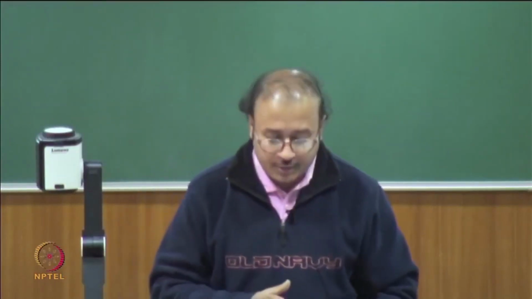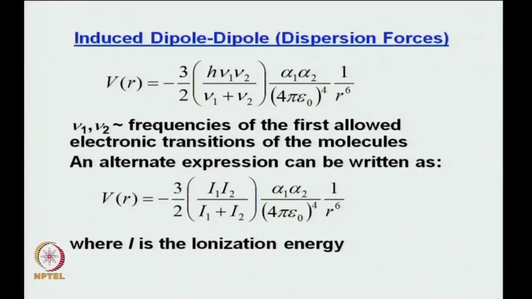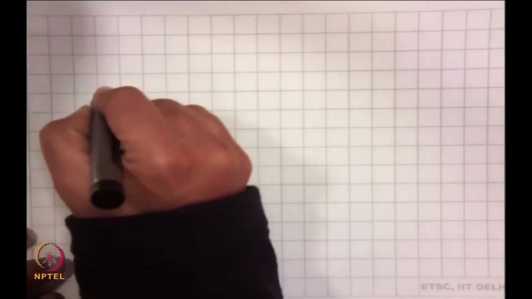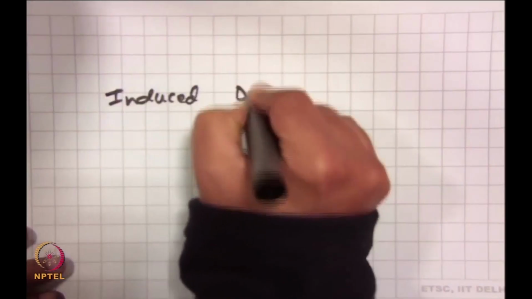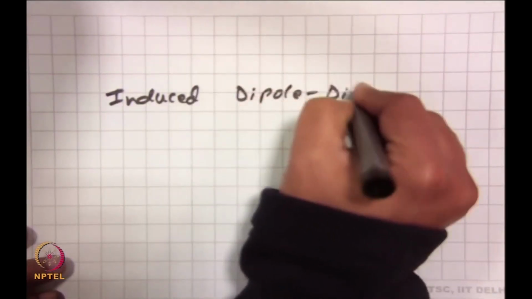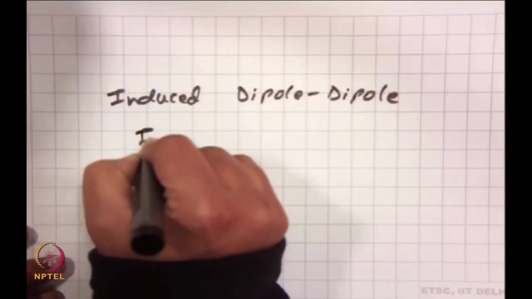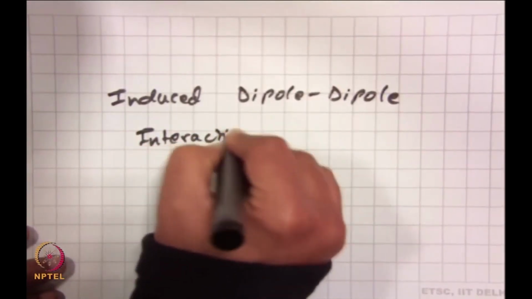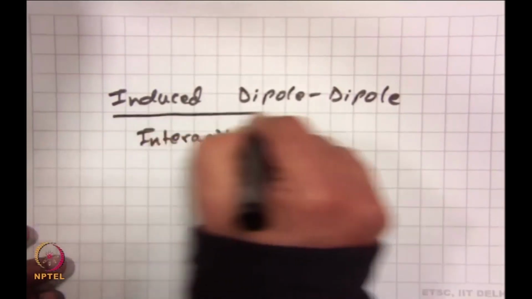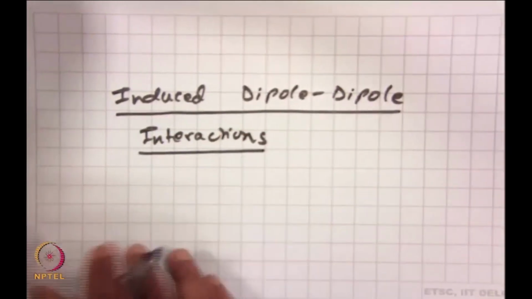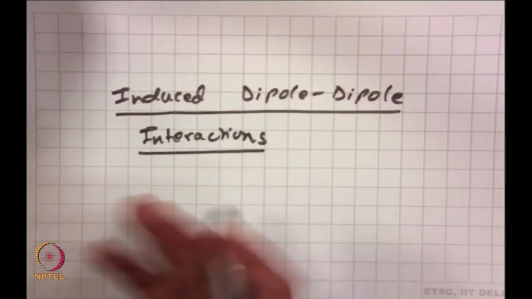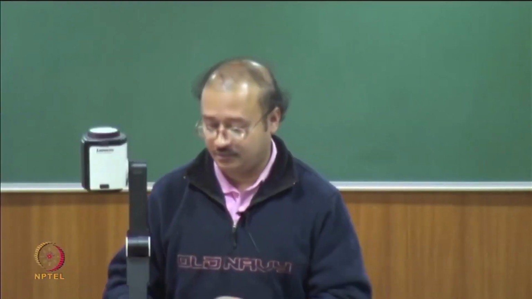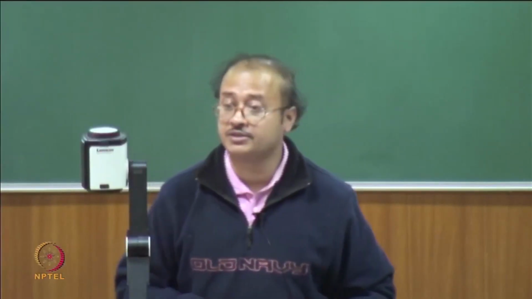Okay. So, this was about the dispersion forces, and because these are induced dispersion forces, we can write induced dipole interactions, or you can even write instantaneous induced dipole interactions, it does not matter, but at least the message is out there.